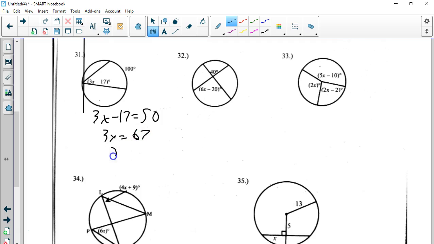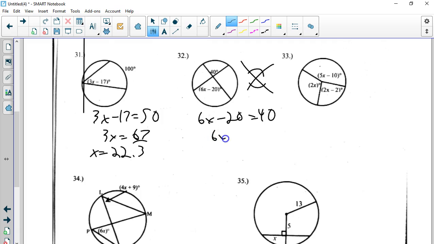Divide by 3, and you get x is equal to 22.3, repeating. What we have here is vertical angles. So 6x minus 20 equals 40. Set them equal to each other. Add 20, we get 6x equals 60. Divide by 6, x is 10.